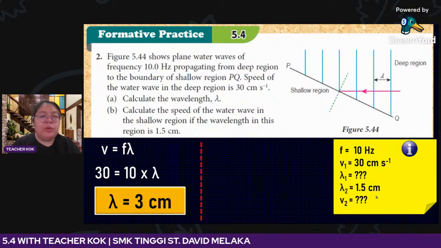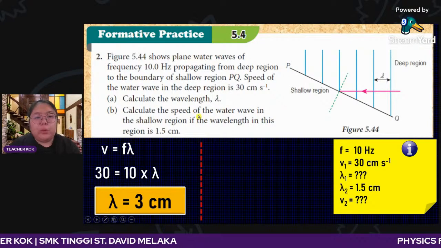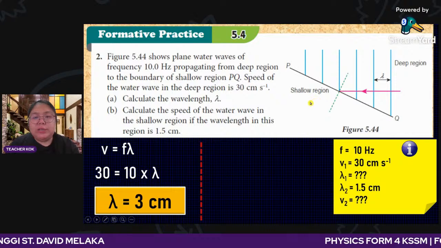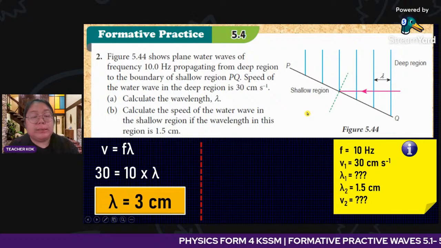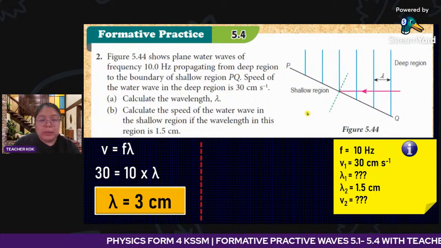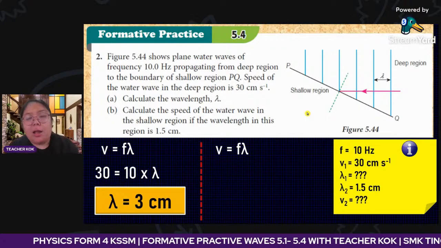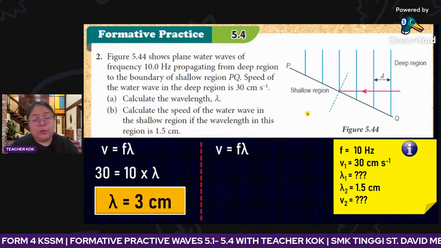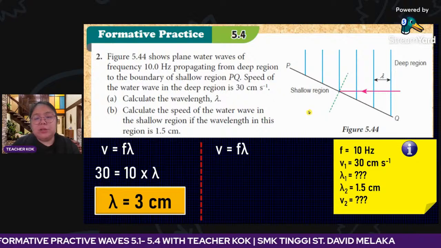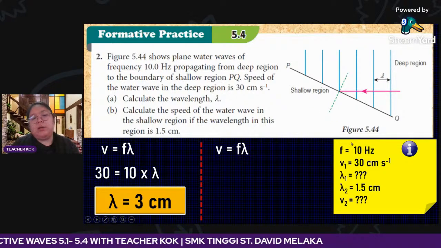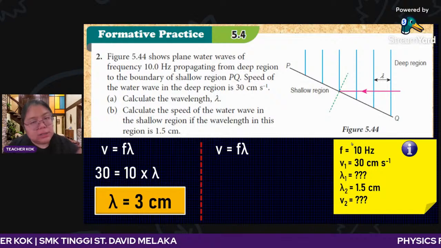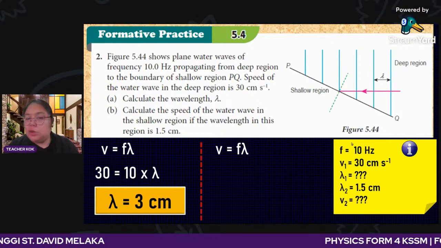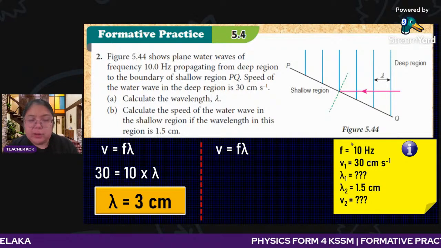Okay, the second one, we need to calculate the wave speed when it enters the shallower region. So we're still using the same formula, v equals f lambda. Now we need to find v. So we just apply the frequency. You can observe one of the physical quantities has totally no change, that's the frequency.